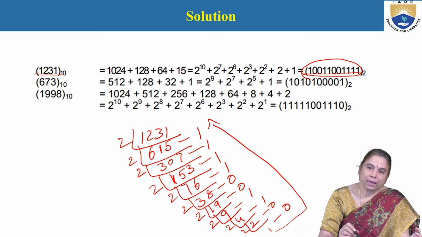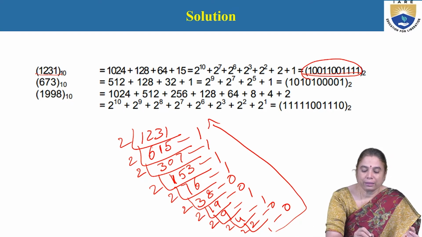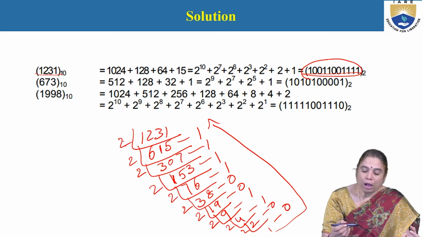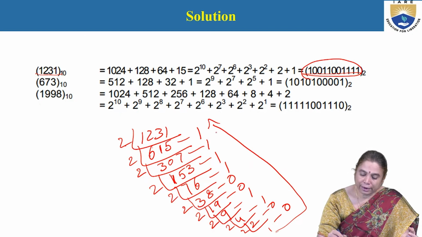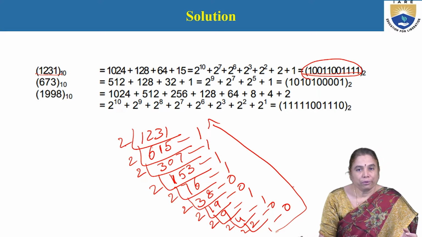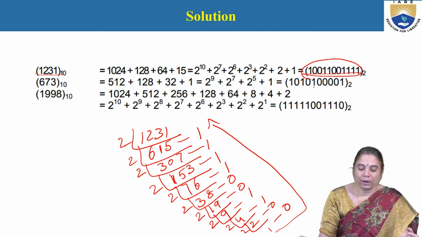In a similar way you have to follow the same for the second number, that is 673, which has to be divided by the base value of 2. This continuous division method is carried out until the number cannot be divided further, and the remainders are written in bottom-up fashion to get the binary equivalent.